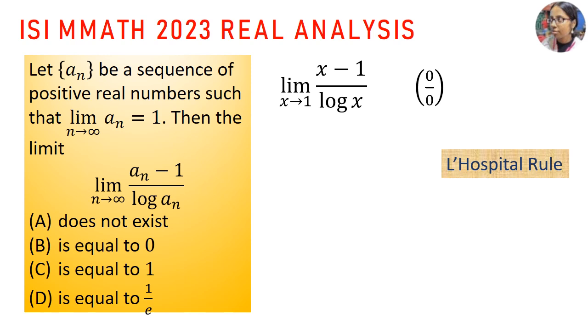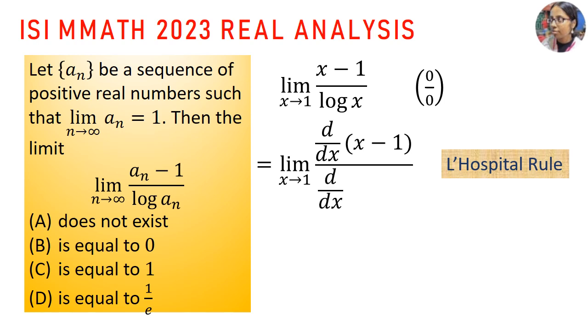So using L'Hospital rule, we have the limit as x tends to 1 of d/dx of (x minus 1) upon d/dx of log of x. But d/dx of (x minus 1) is equal to 1 and d/dx of log x equals 1 upon x.